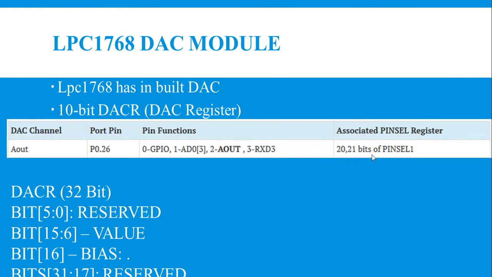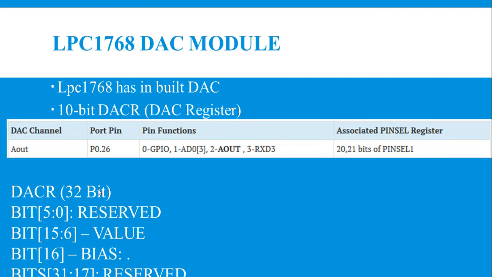To configure that, the 20th bit of the pin selection register should be 0, whereas the 21st bit should be 1. This is about the 26th pin of port 0 and its different functionalities.